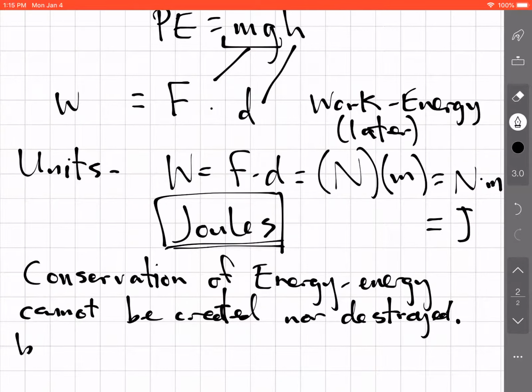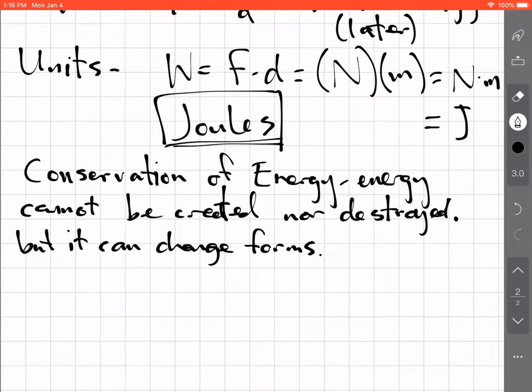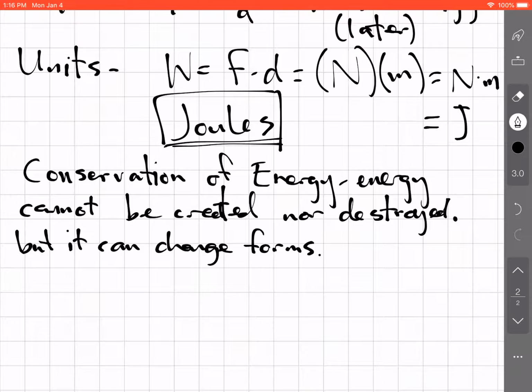But it can change forms. So the idea here is if you throw a ball vertically in the air at a certain speed, then it will go to a height based on that speed. Whatever energy you started out with is how much energy you will have at the end.